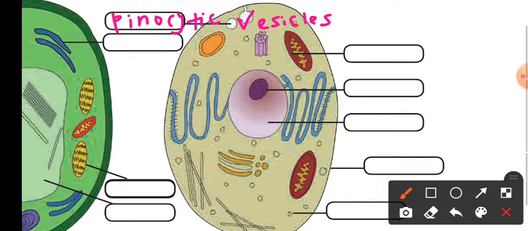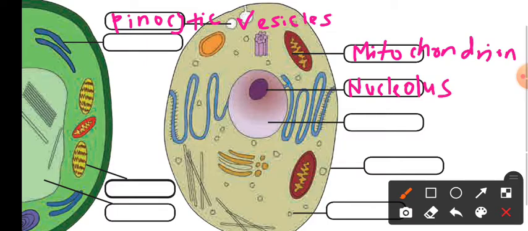Then on the right, the mitochondrion. This one is a mitochondrion. Then we have the nucleolus. Then we have the nucleus. Actually, the nucleolus is present inside the nucleus, like the nucleus we consider as the center of the cell.